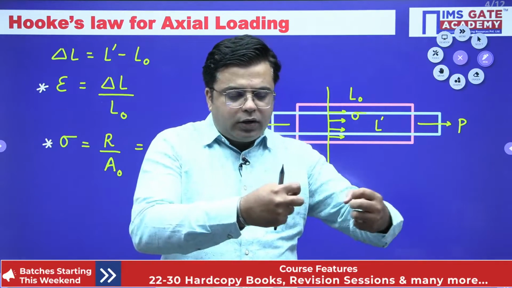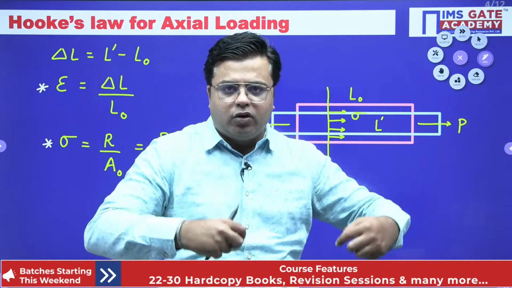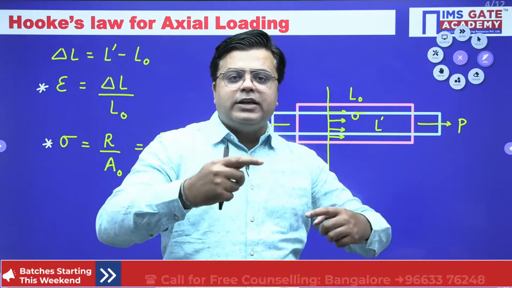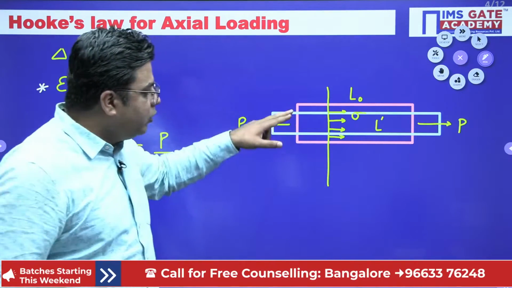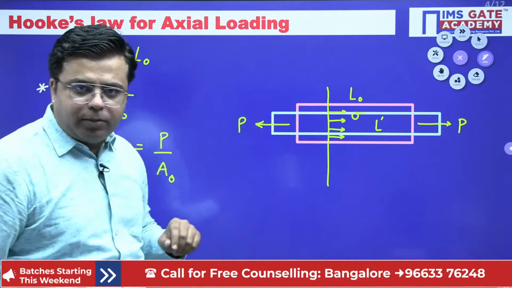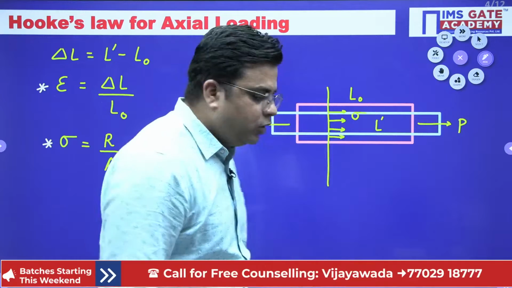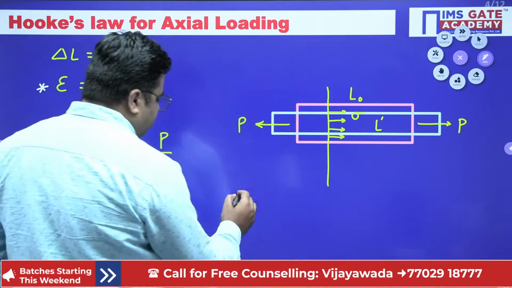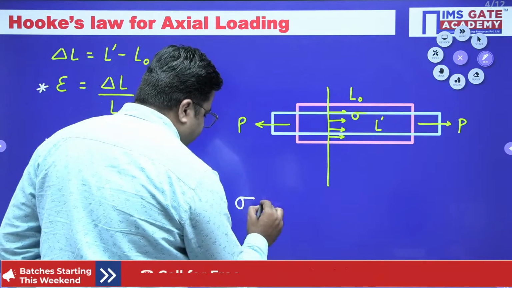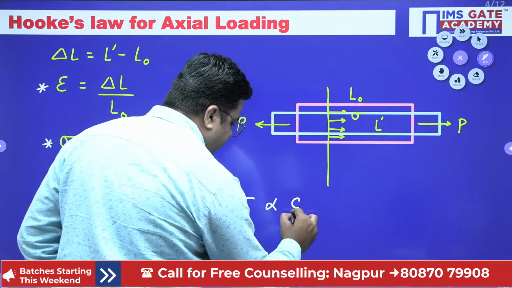The amount of deformation that the body undergoes is proportional to the amount of internal resistance developed in the body. So what does Hooke's law say? Hooke's law says that stress is directly proportional to strain.